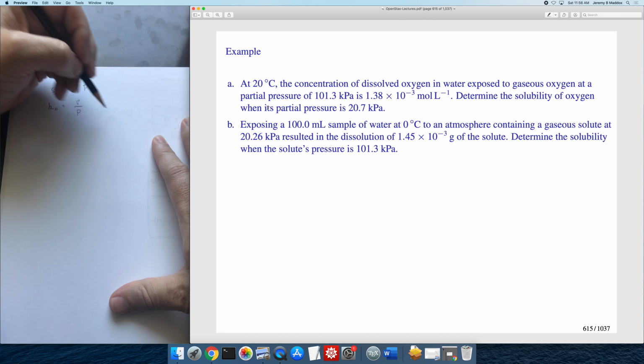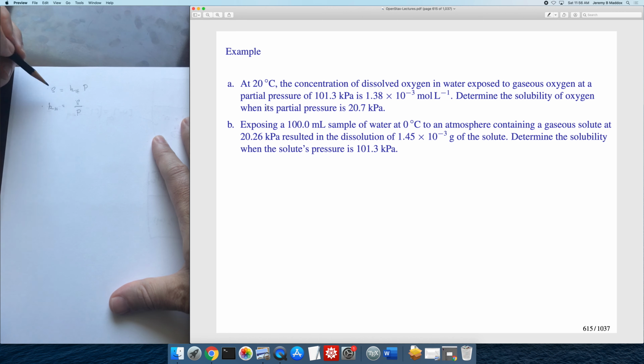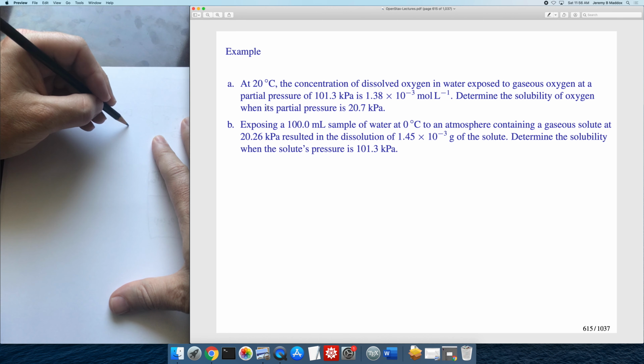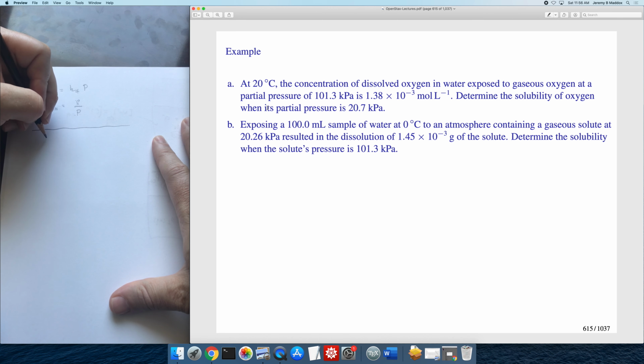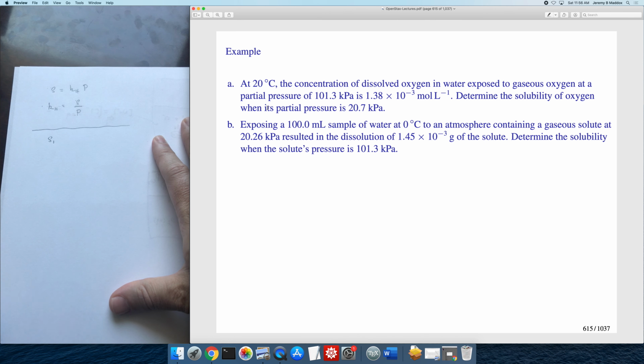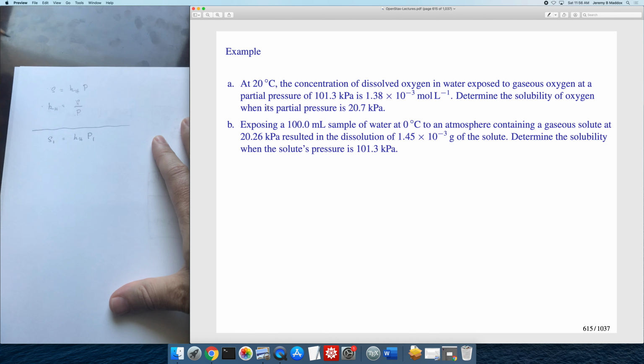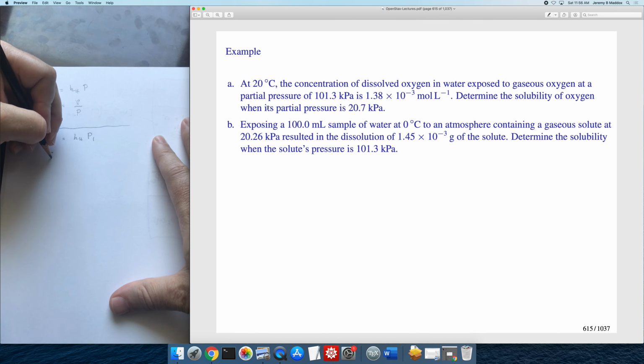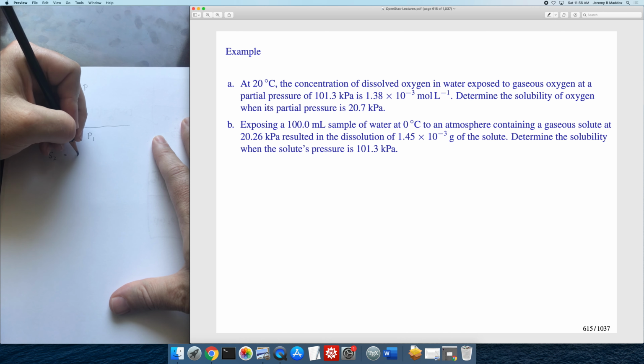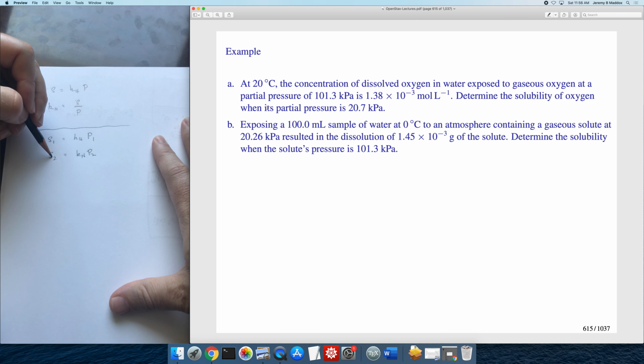You can also do, and this is the solution that I'm going to show you, what I like to call the ratio trick. You can set up the solubility 1, which you're given, equals KH times the pressure 1. And you can do the same thing for the second pressure and the new solubility.